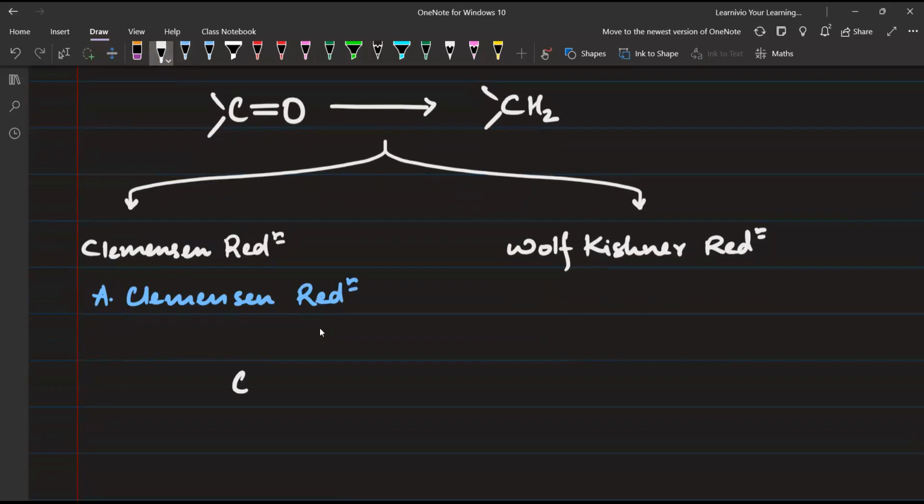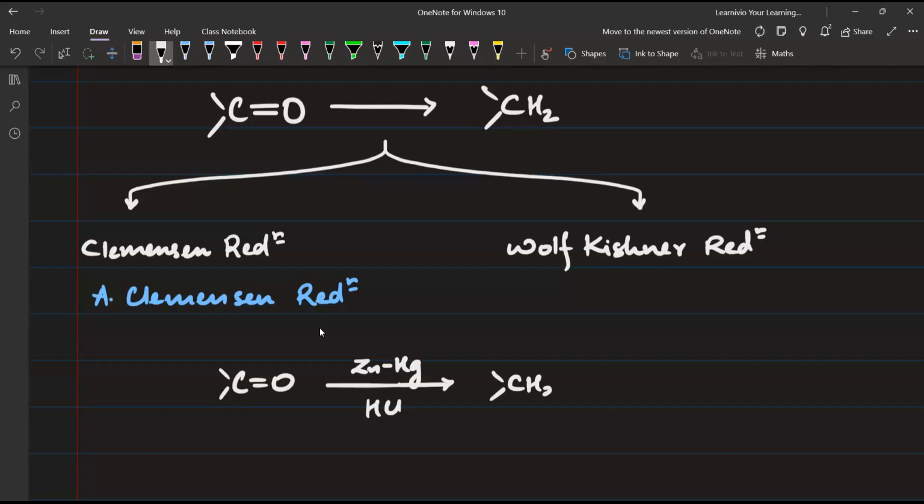In this reaction, we treat carbonyl compounds with zinc amalgam. Zinc amalgam is an alloy. If zinc is added to mercury, it is called an amalgam. And it is basically a zinc amalgam. The zinc is added on mercury. Sodium amalgam, sodium added to mercury, and so on. In the presence of HCl, and we basically get carbon.